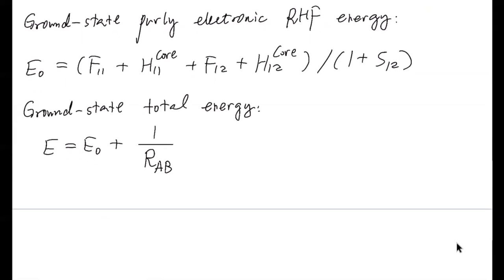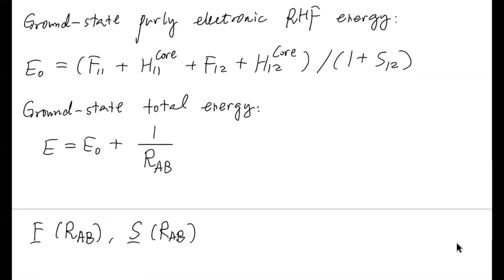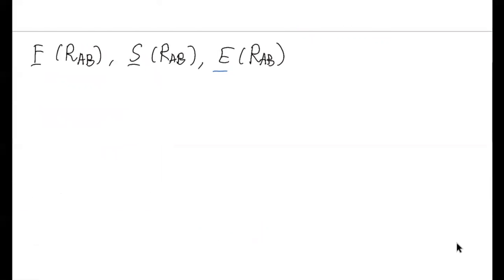So that's it. We have solved the energy for the hydrogen molecule under minimal basis by using the restricted Hartree-Fock theory. Now, the Fock matrix elements depend on the separation. The overlap depends on the separation. And therefore, the total energy depends on the separation. If you plot the total energy with respect to the separation between two protons, this gives you the potential energy surface, or potential energy curve.